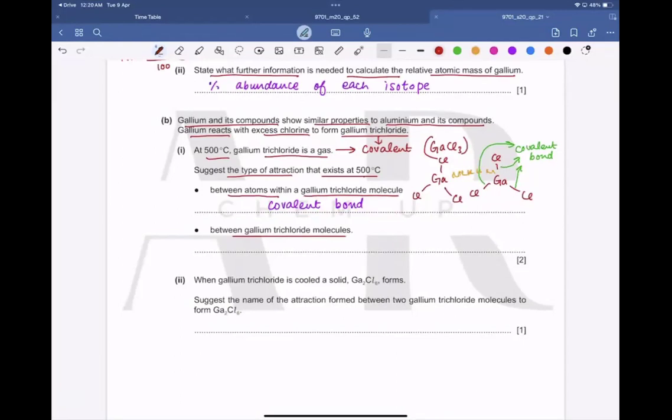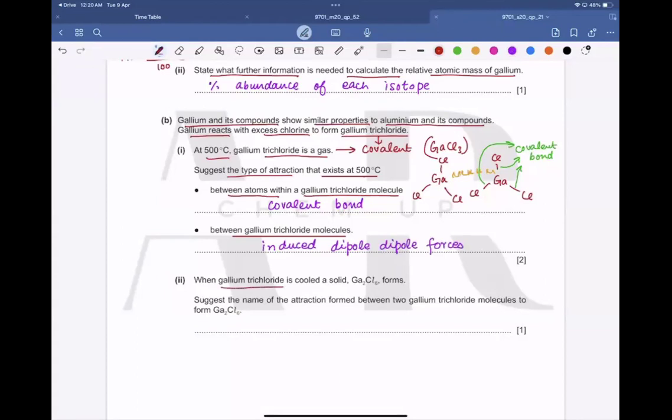Is this clear to all of you? So I will write over here induced, or you can write temporary as well, induced dipole forces.